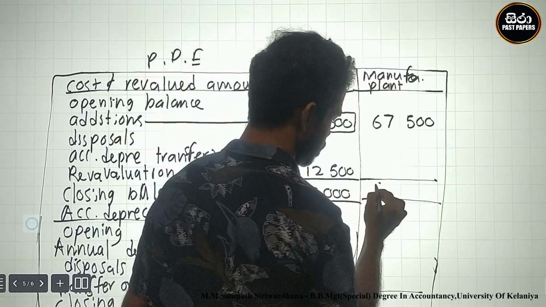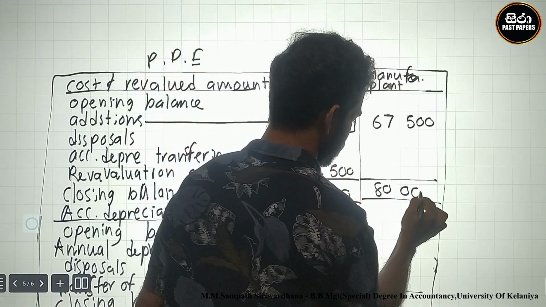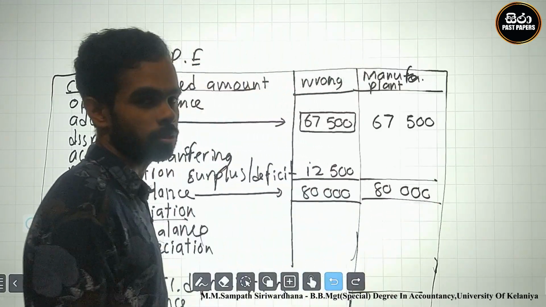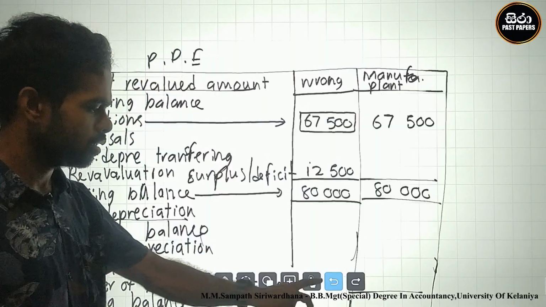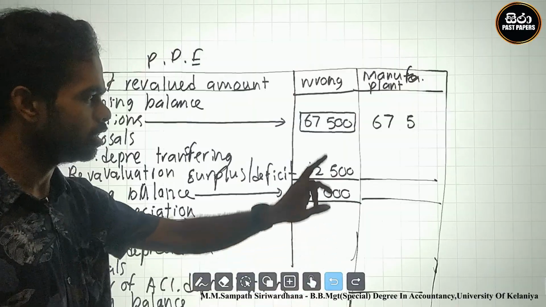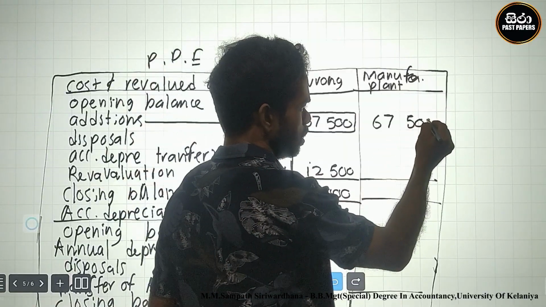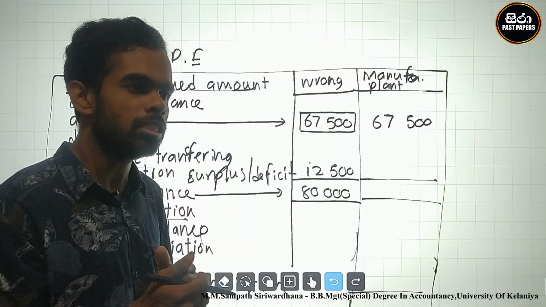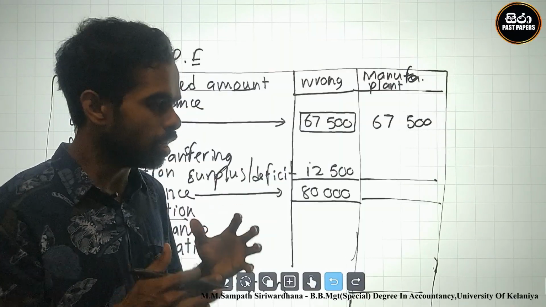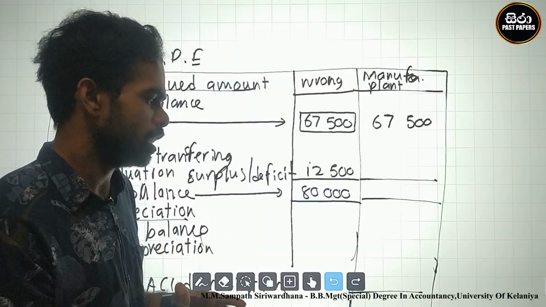This is correct, but this amount was wrong. Before the revaluation, you must depreciate. I firstly identify the cost. You must revalue this asset at the end of the year, no? Therefore, firstly you must depreciate.